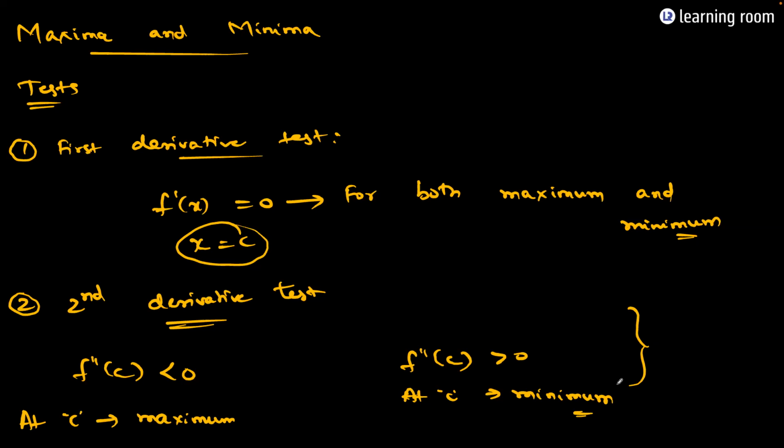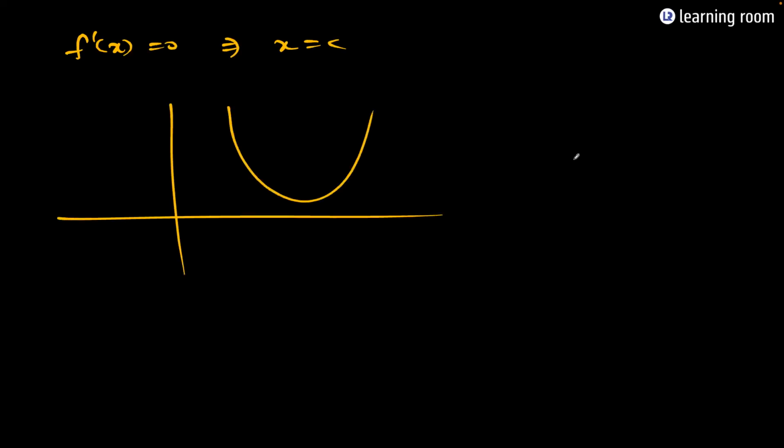But is there a possibility where you can verify whether the point has attained a maximum or minimum with the help of the first derivative itself? Yes, sir. We can see if it's an increasing or a decreasing function on either side of the point. Yes. So when I do f dash of x is equal to 0 and I get x is equal to c, suppose the function is like this at one place and like this at another place.